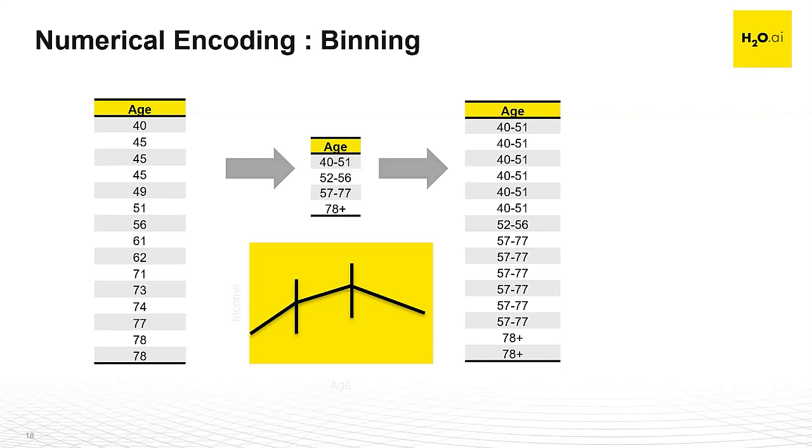I'll take the first 20% and create a bin, the second 20%, and other bins. Another way to do it is, for example, to use decision trees. The way decision trees work by default is they try to predict the target, finding the best ways to cut, to chop essentially a feature, so they can give you back these cutoff points that seem to be the most predictive, that seem to contain the most information.